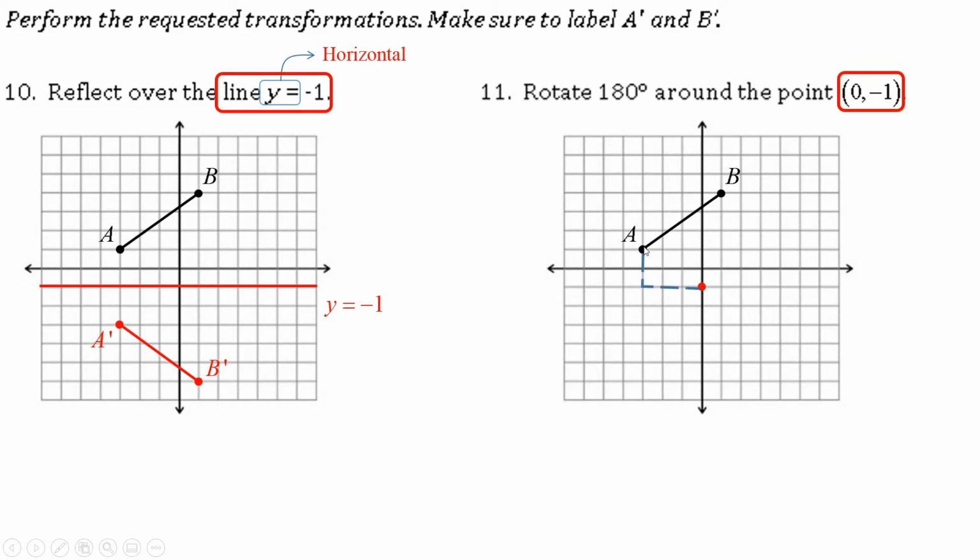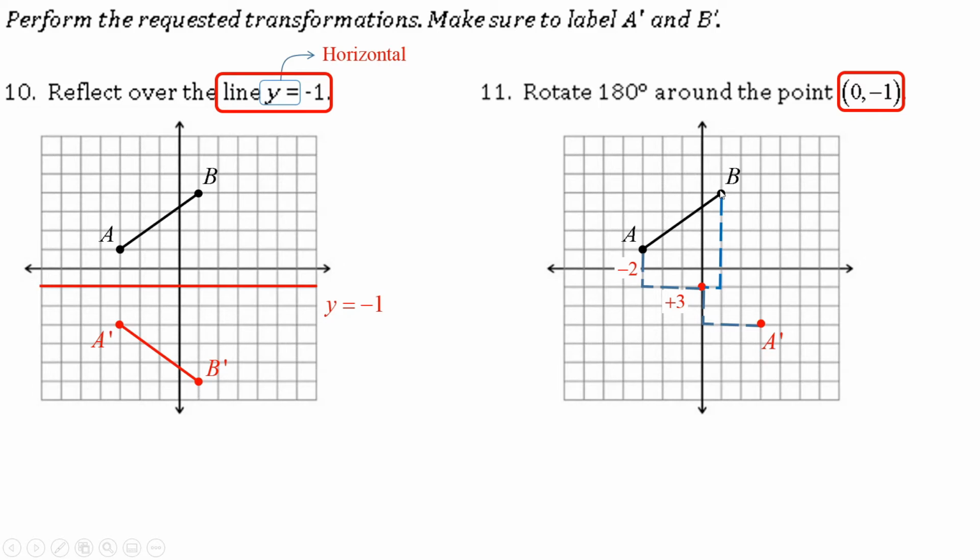Might even do a little slope triangle right there. Does it look like we are dropping 2 and running 3? So now for 180 degrees, we just apply that slope from our point of rotation. So let's drop 2 and run 3 again, and see this point right here? That is A prime. And you notice A prime, that's a rotation of 180 degrees right there.